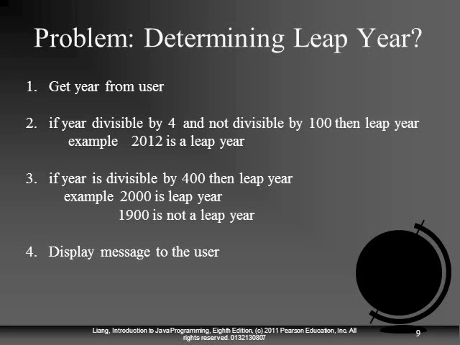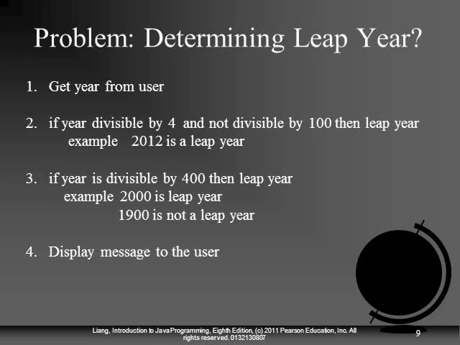Well, the leap year program demonstrates the use of these Boolean operators. It's available on Blackboard. I just want to take a look at the pseudocode so you understand how to determine if a year is a leap year or not. So we all know that if the year is divisible by 4, it is a leap year.